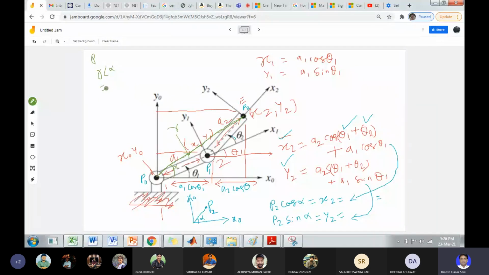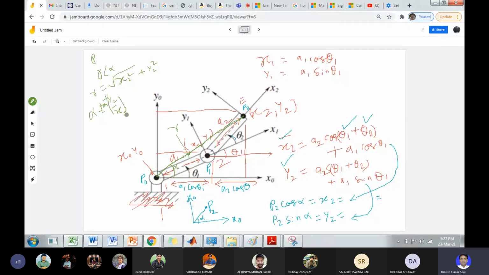So r is given by the square root of the coordinates of the point, x and y coordinates, and alpha is given by tan inverse of y2 upon x2.